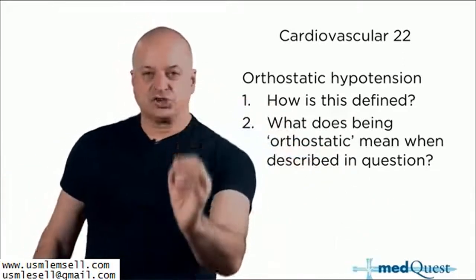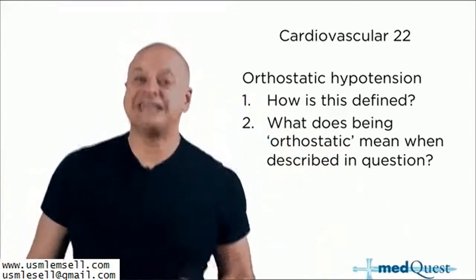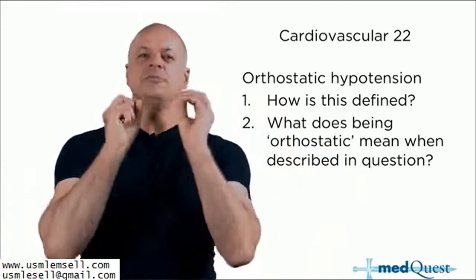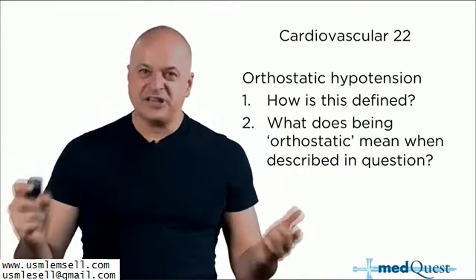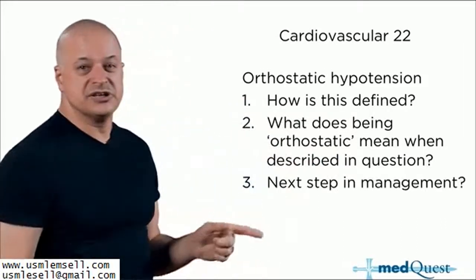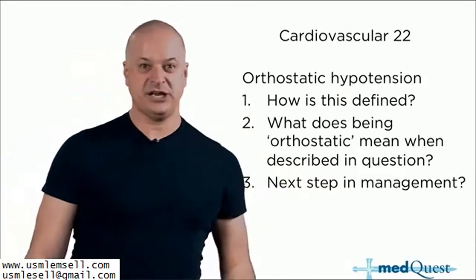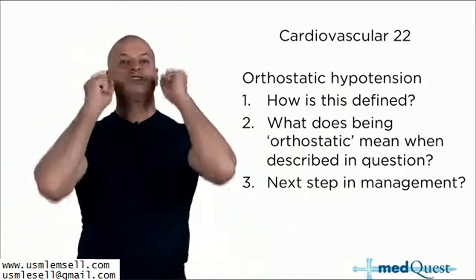It's a drop in blood pressure when you stand up, and it's meant to detect subtle blood losses, 10, 15, 20%. The next best step in the management of anybody who's hypotensive is always fluids.